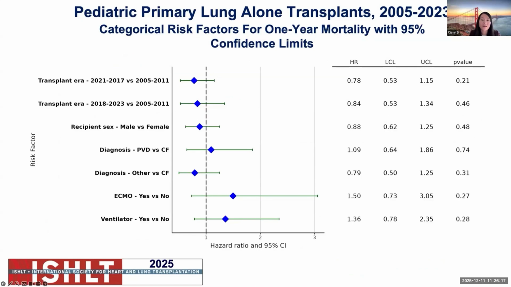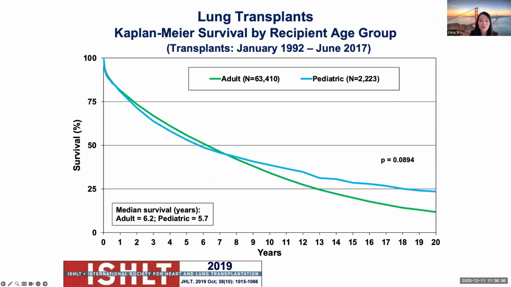And thinking about what increases the risk of poor survival in that first year, data from the ISHLT registry largely did not find anything significant, although needing a transplant off ECMO or chronic ventilation trended towards worse outcomes.